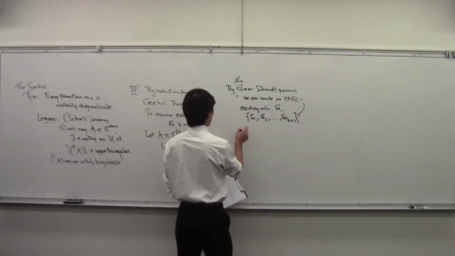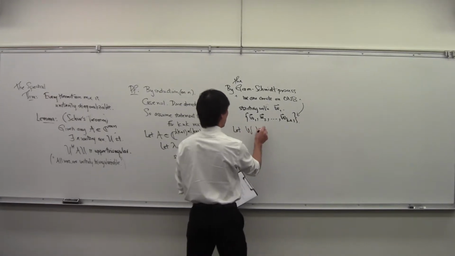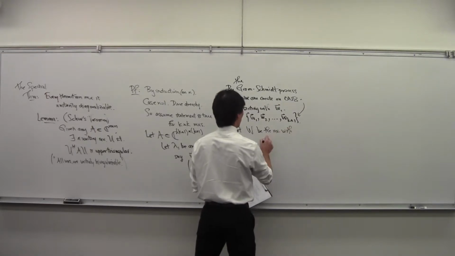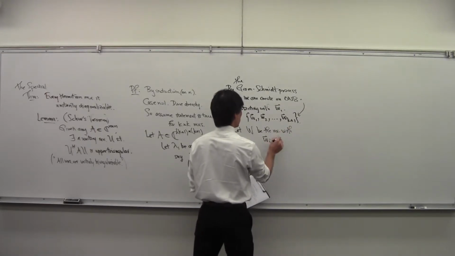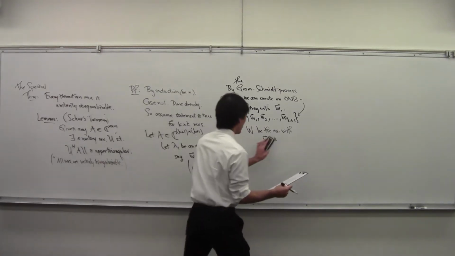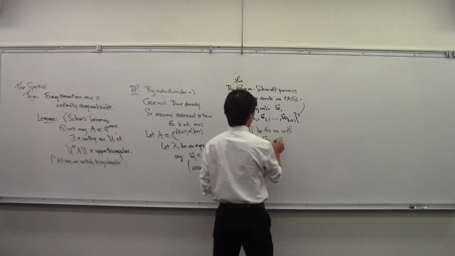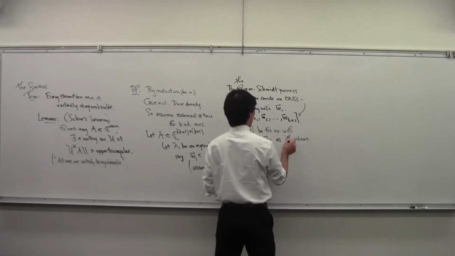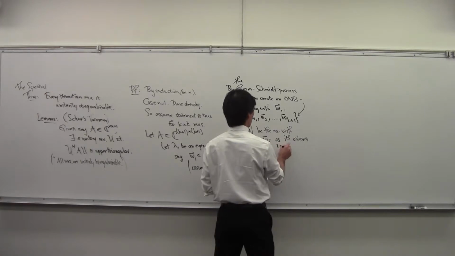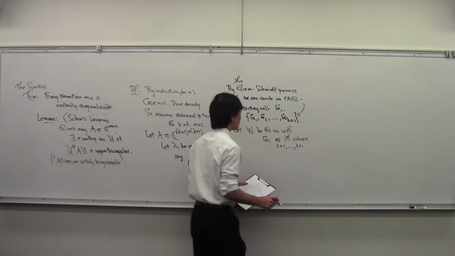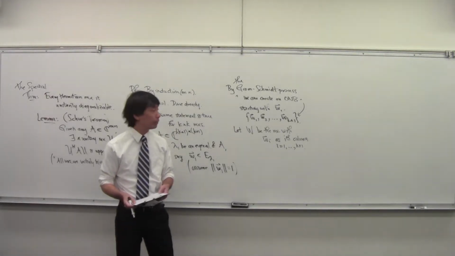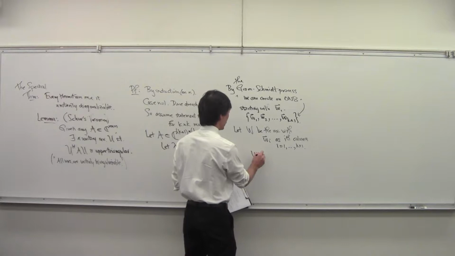Then let W be the matrix with w_i as the ith column, for i equals 1 to k plus 1. Then W is unitary.